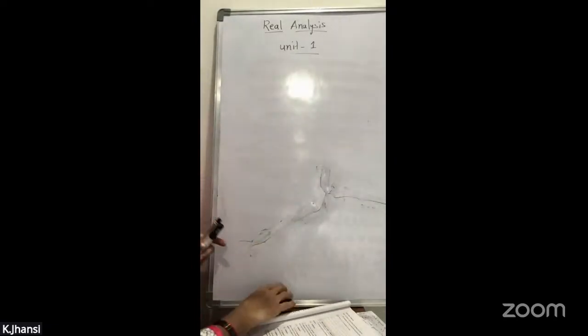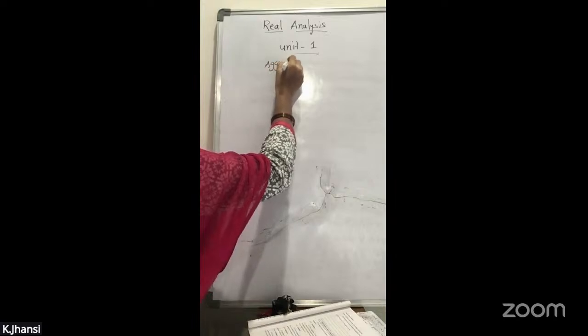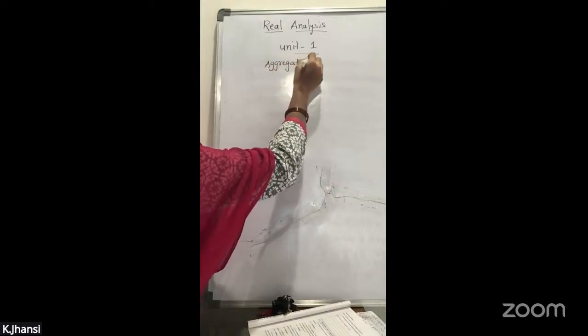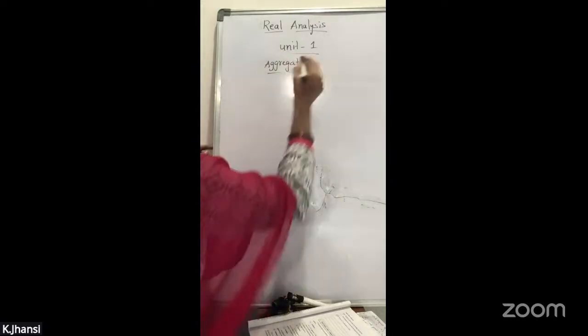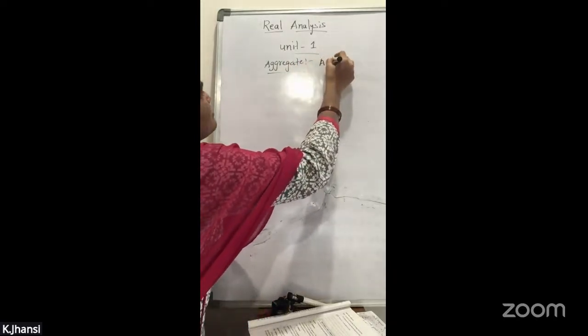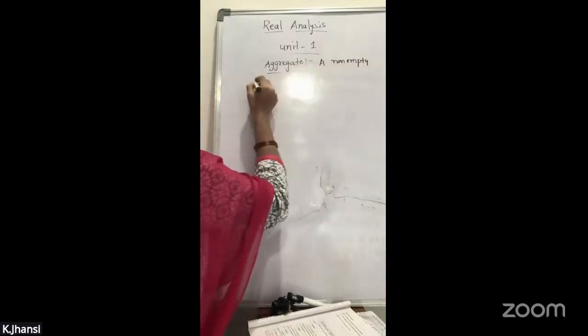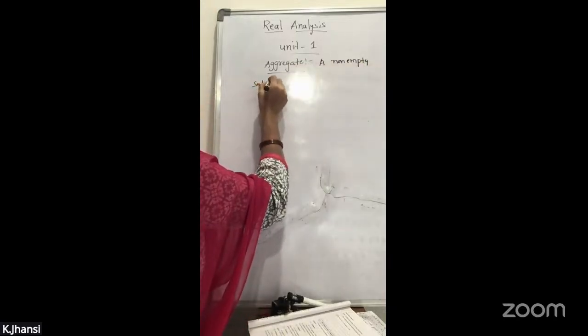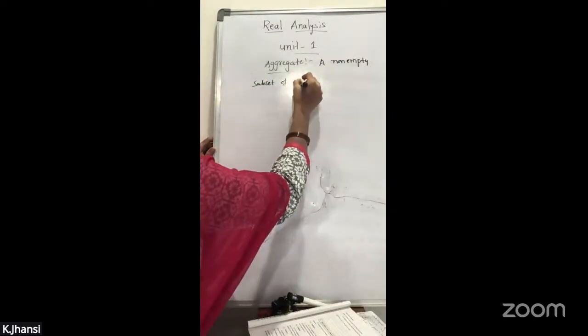On page number 13, you have the definition of what an aggregate is. It is a non-empty subset of real numbers.